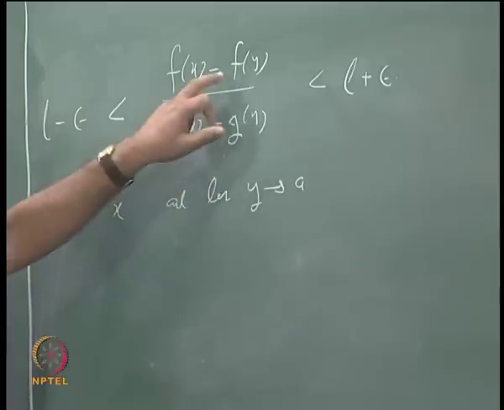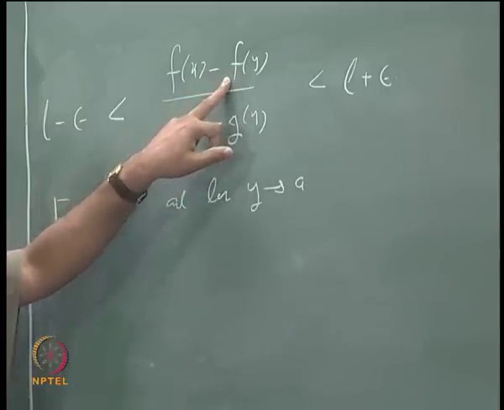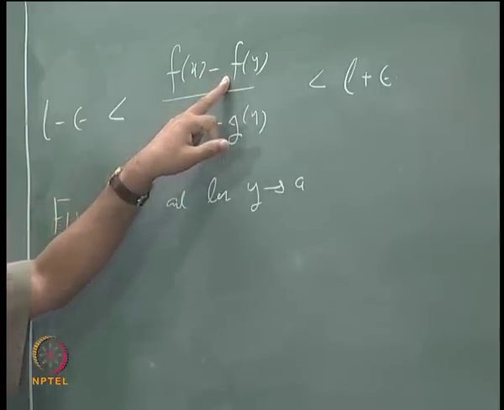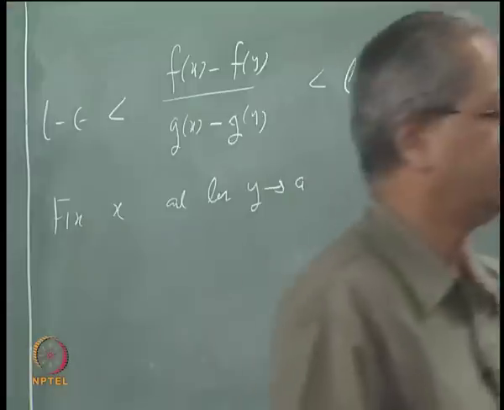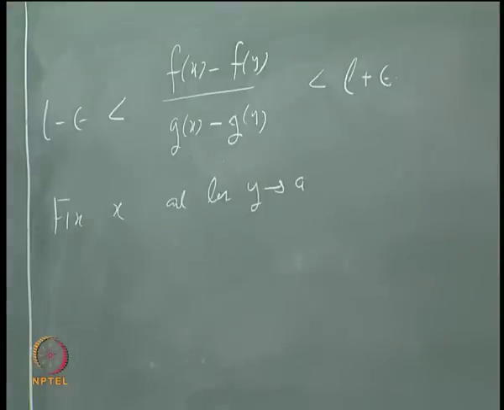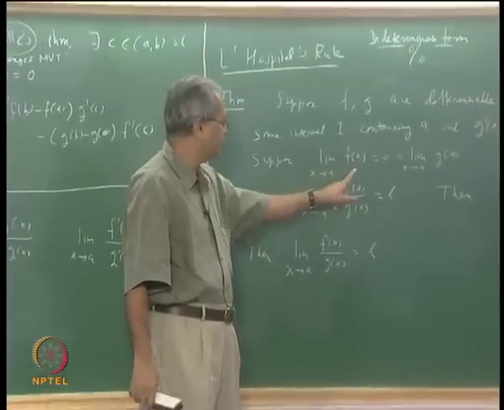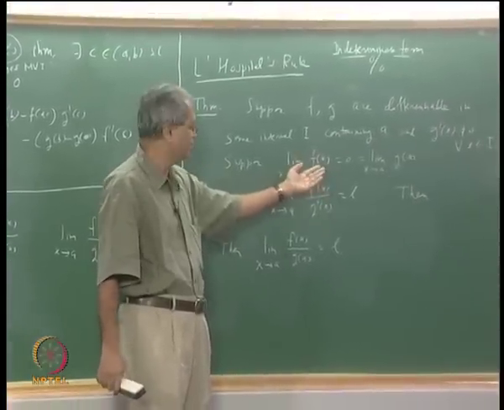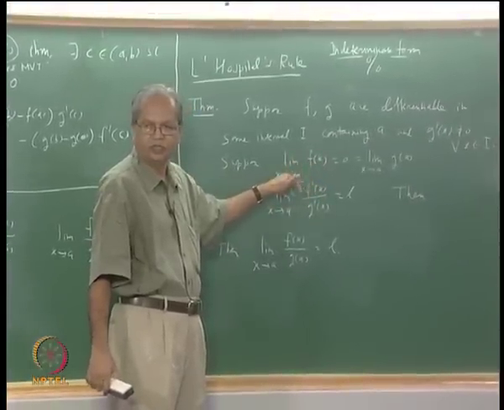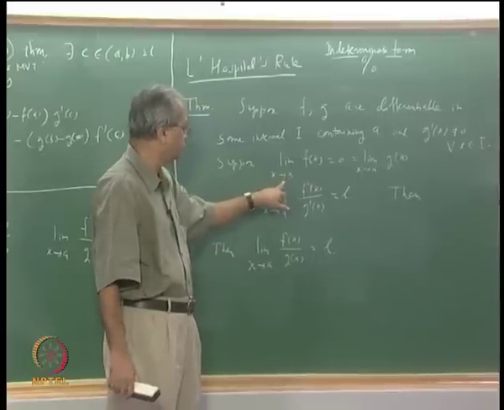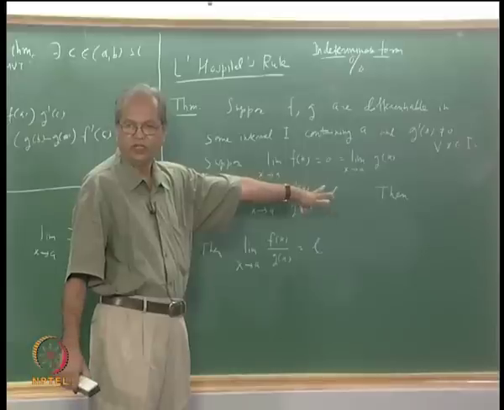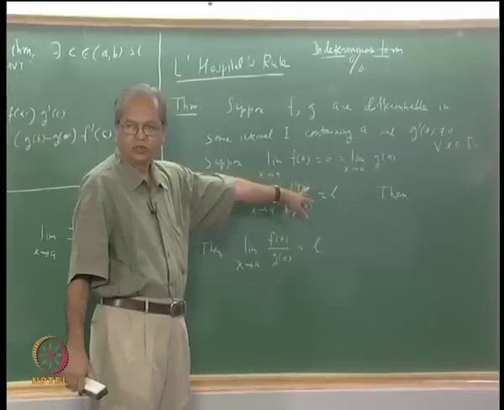If y tends to a, what will happen to fy? Look at what we have assumed here, that limit of f as x tends to a is 0. So whether you take it x or y, it does not matter here. So fy will go to 0 as y tends to a, and similarly gy will go to 0 as y tends to a.